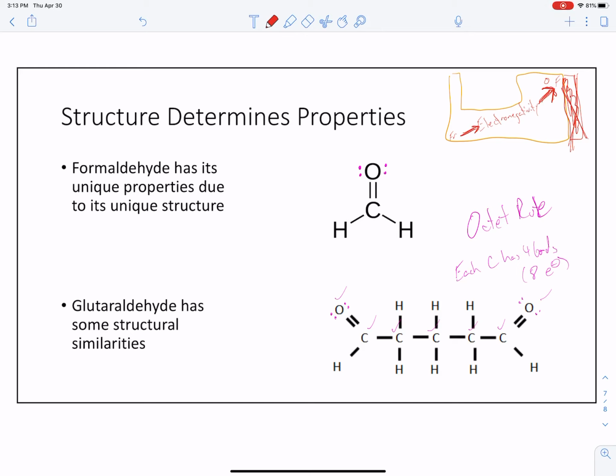So we know that carbon is less electronegative than oxygen, and carbon and hydrogen are about equal, okay? So we know that this carbon is a little bit positive and this oxygen is a little bit negative.